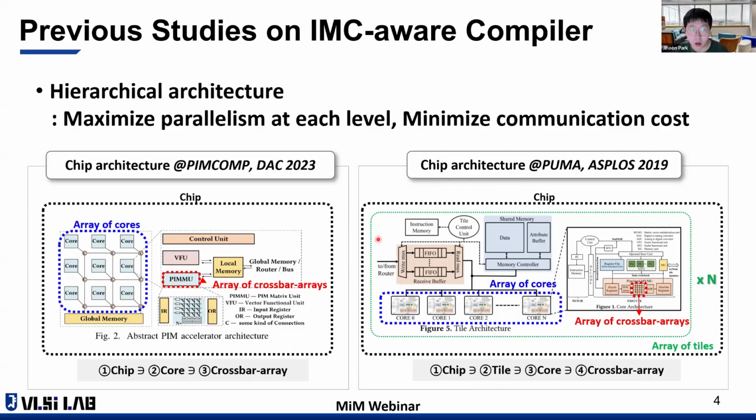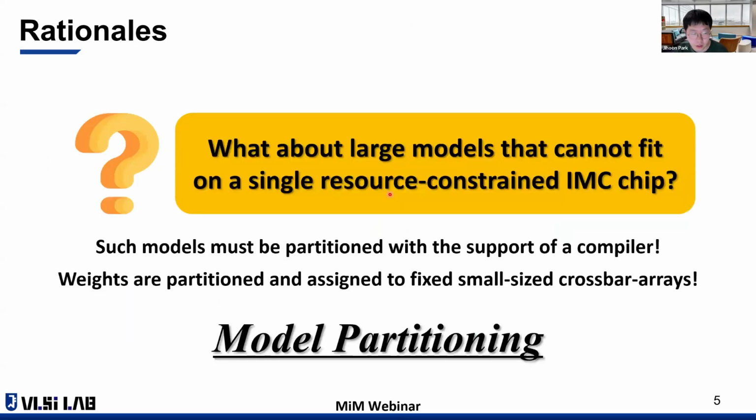The architectures of the IMC frameworks are kind of going the same way, but the compilers have some limitations. These two papers target putting all of the weights on the chip. Well, that's a nice thing to do because having the weights on chip makes it efficient, but that's not the thing that works for all cases.